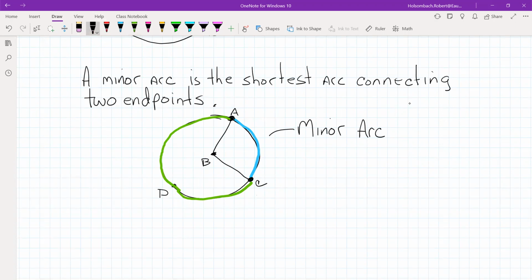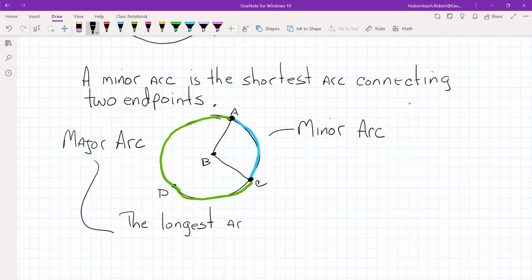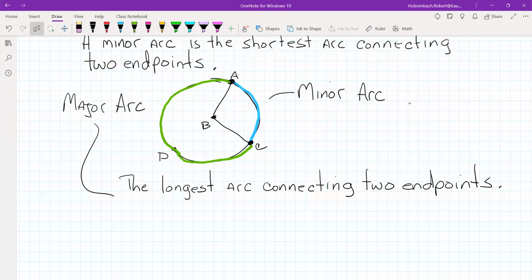That green arc there is a major arc. A major arc is the longest arc connecting two endpoints.